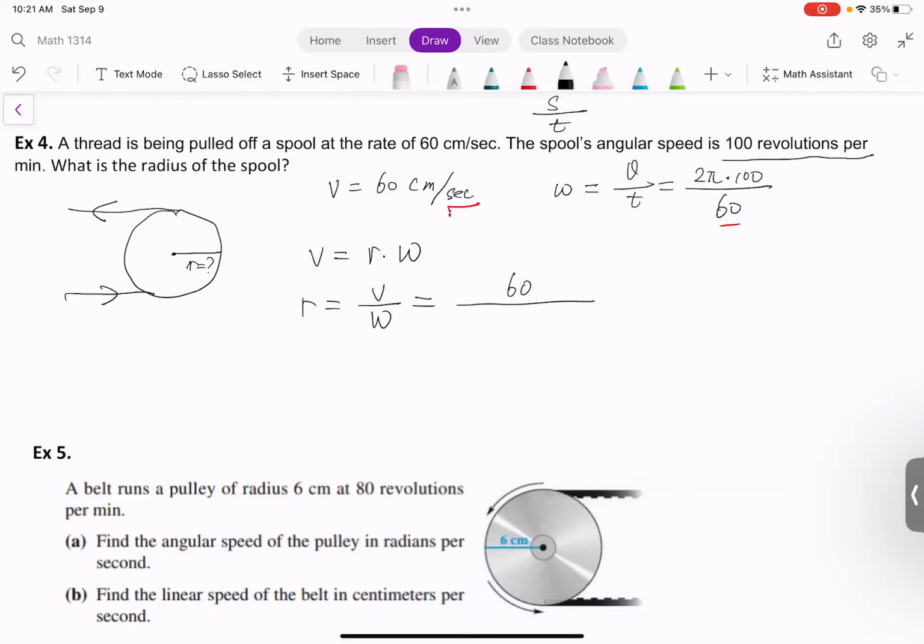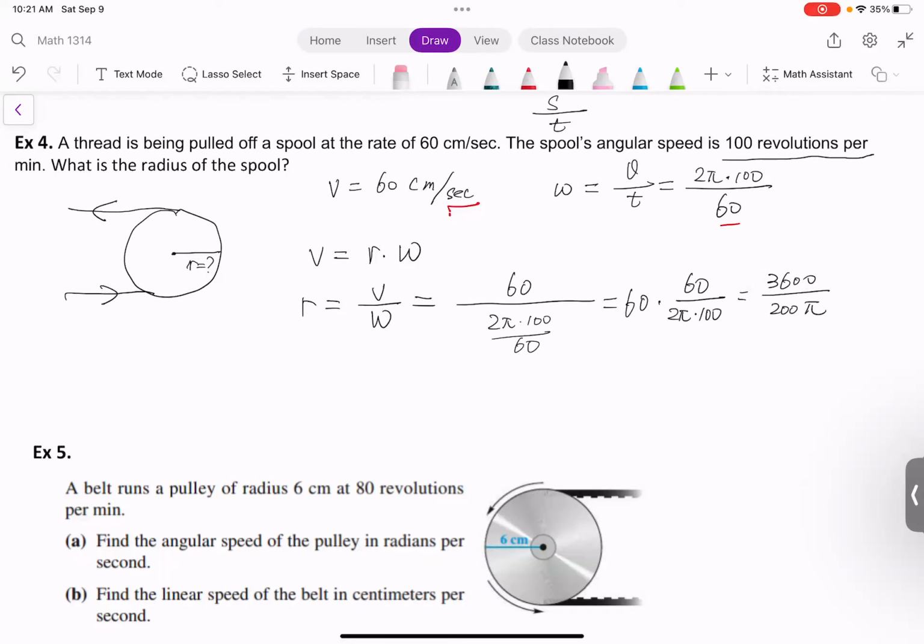The bottom, omega, is 2 pi times 100 over 60. So keep, change, flip: keep the 60 and multiply by the reciprocal, 60 over 2 pi times 100, or we say divided by 200 pi. So I'm having 3600 over 200 pi.